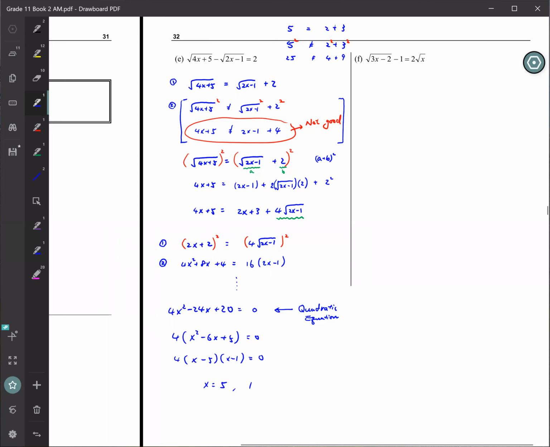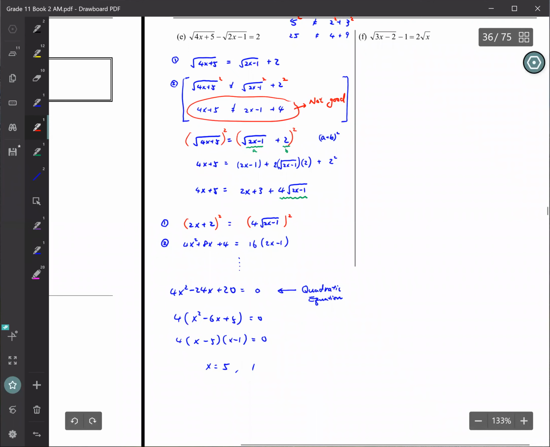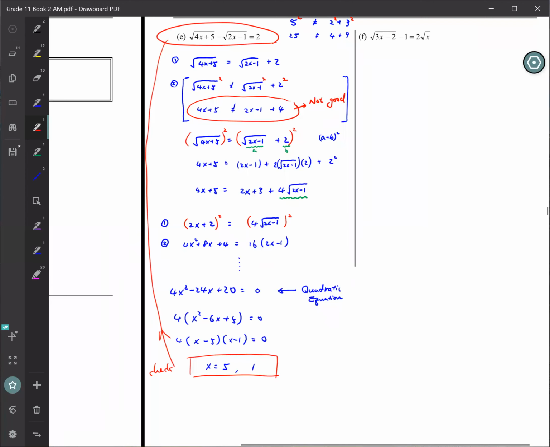Yep, both. You sure? Yeah. Okay, so we keep both of them. Remember to plug it back into the original equation up there to check, and make sure the left side equals the right side.